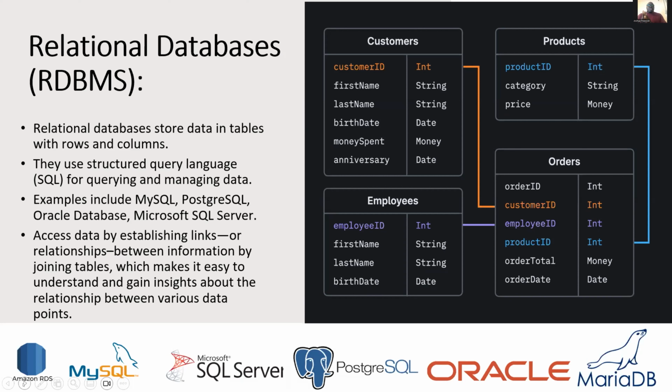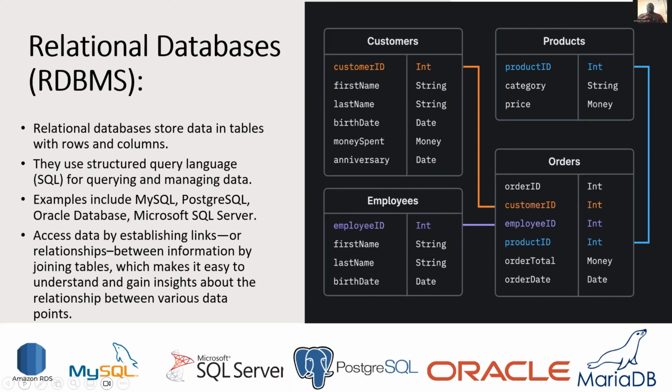Like I said, you have the structured query language, SQL, which we'll subsequently look at during the course of the presentation. All we're trying to do is establish links showing how this data can be accessed easily, as it comes in the form of rows and columns.